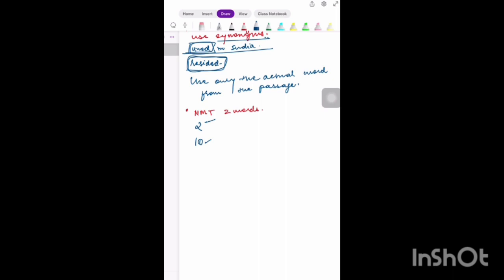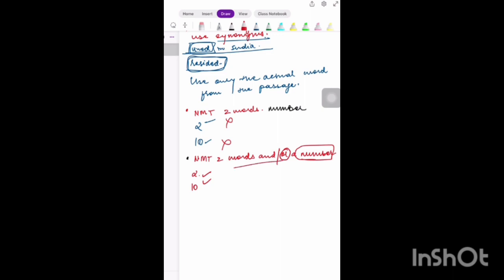Would it be correct? Absolutely not. 0 marks for both the answers, because they did not say anything about writing a number. But if they had said no more than 2 words or a number, then in that case, if I write 2, if I write 10, it will be correct, because they said or a number.